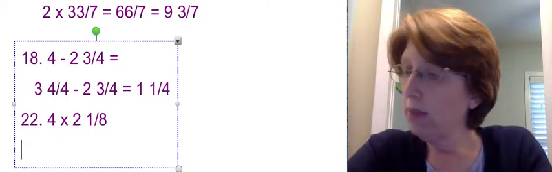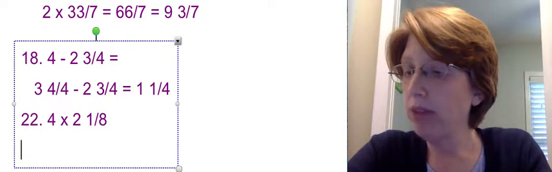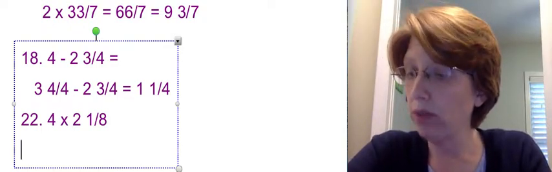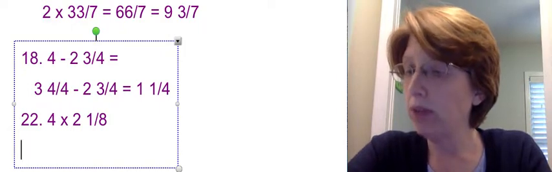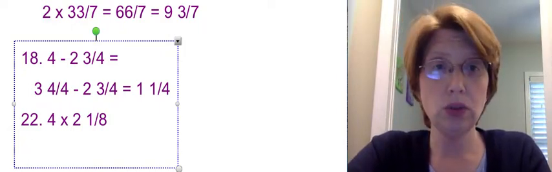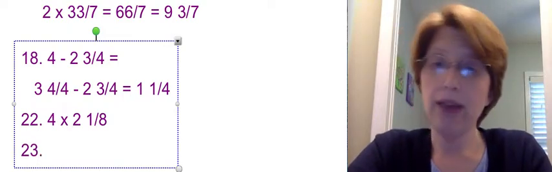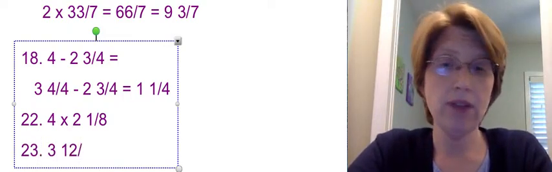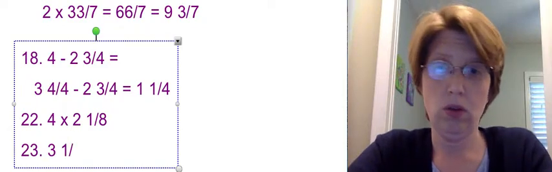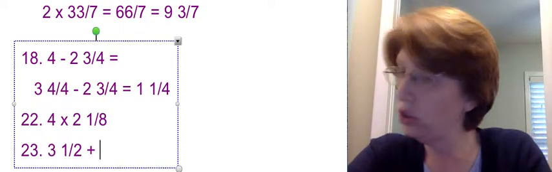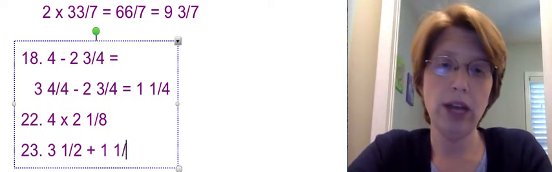Mrs. Elliott used 3 1/2 pounds of hamburger meat to make chili. She used 1 1/4 pounds to make meatballs. How many pounds of meat did Mrs. Elliott use? Now we have she used 3 1/2 and she used 1 1/4.